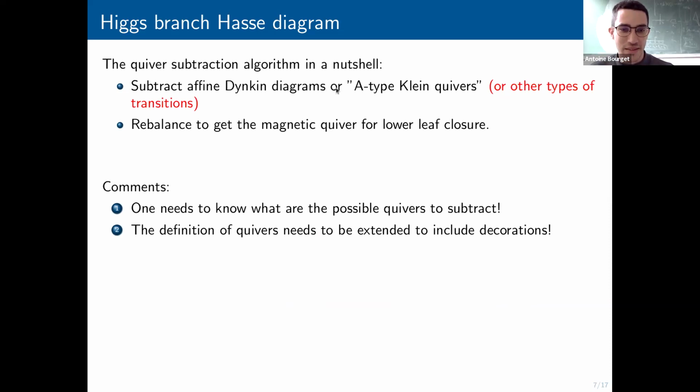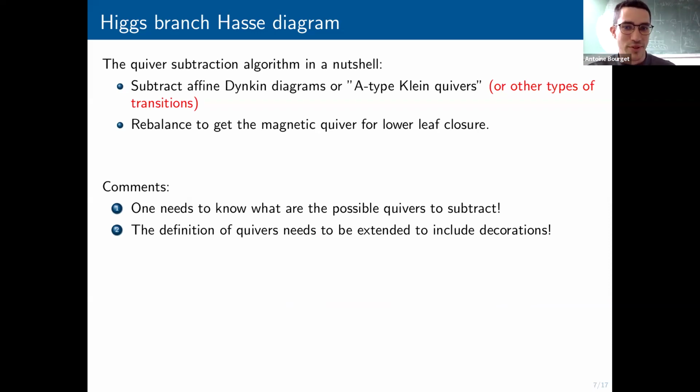Then the second thing, which is not really a shortcoming, it's more a feature of the quiver subtraction algorithm. It's a very rich point, but which is only partially understood, is that sometimes it's not enough to subtract and rebalance. You need to add a little something to the quivers, which we called decorations. So let me again give you an example.